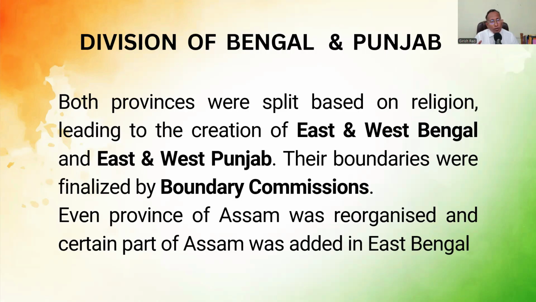Before the division of Bengal, there was a reorganization of Assam state. Some part of Assam was added to East Bengal, so it became a part of Bangladesh later on, in 1971, when there was the division of Pakistan. So certain parts of Punjab and Bengal went from India into Pakistan.